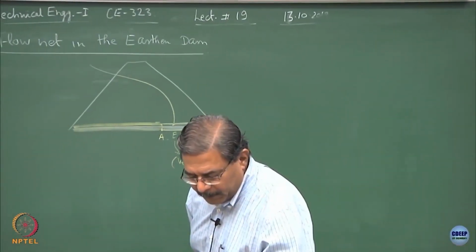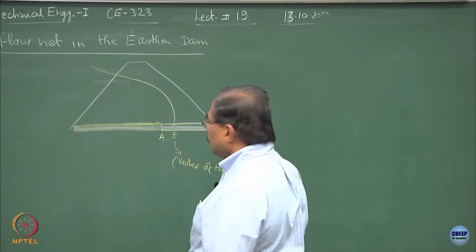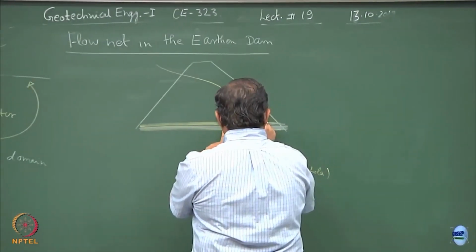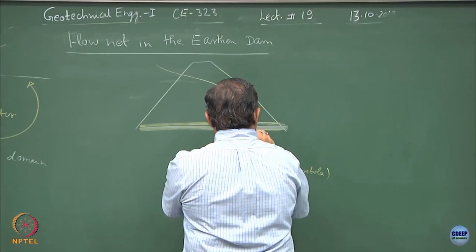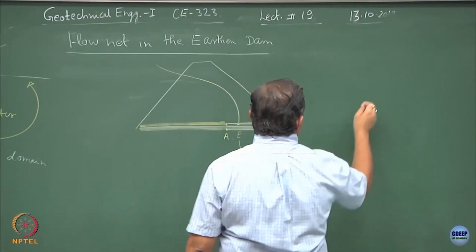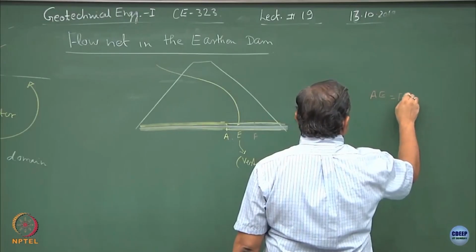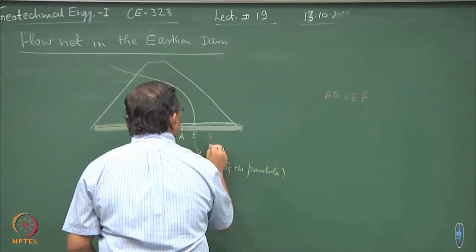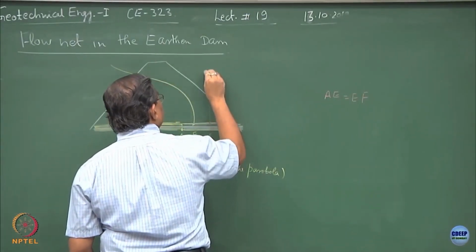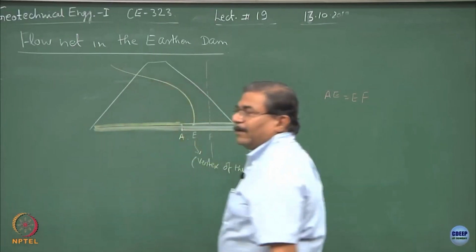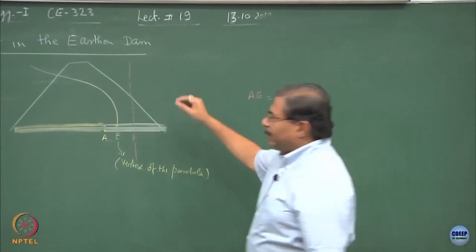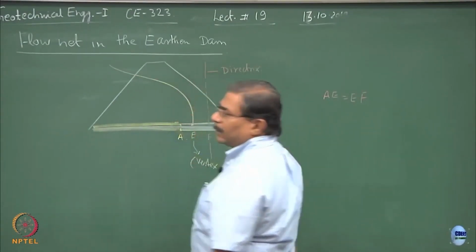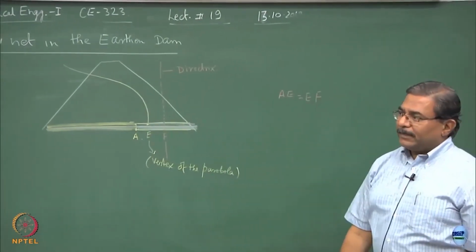Now, if you use the concepts of geometry, it so happens that AE is always the mid of, suppose if I take F point, where AE is equal to EF, and if I draw a line which is perpendicular to the surface, this line will be the directrix. Clear? And you know the property of the directrix.